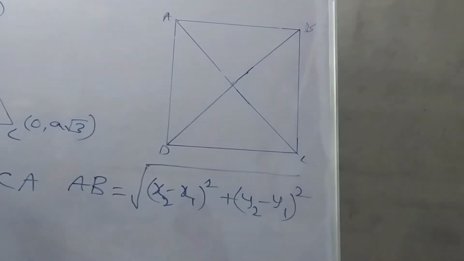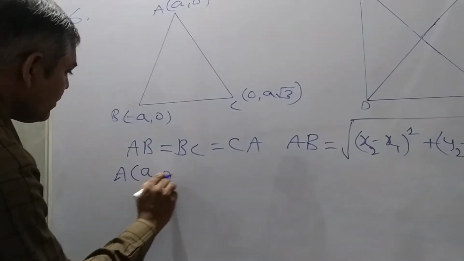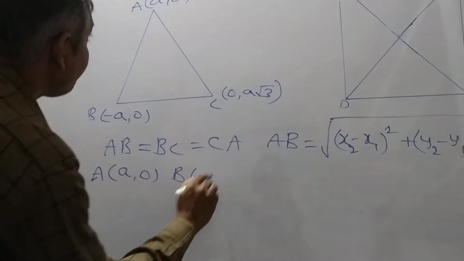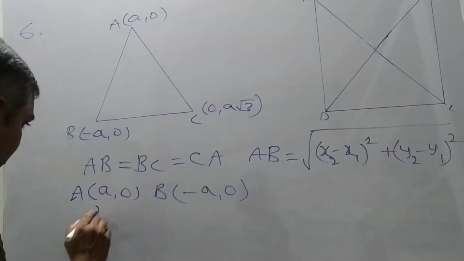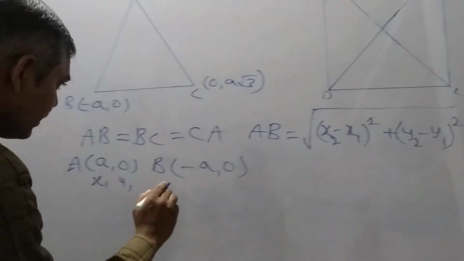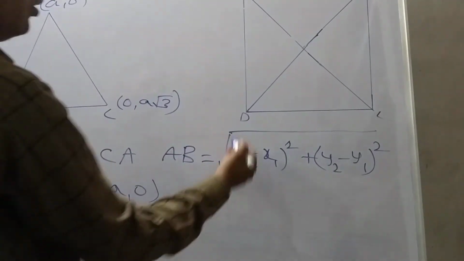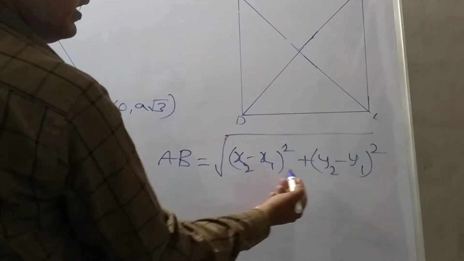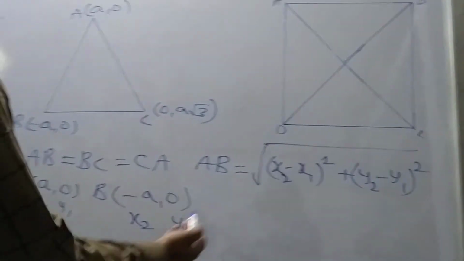The points are A (a, 0) and B (minus a, 0). This is x1, this is y1, this is x2, this is y2. You have to substitute these values in this formula.